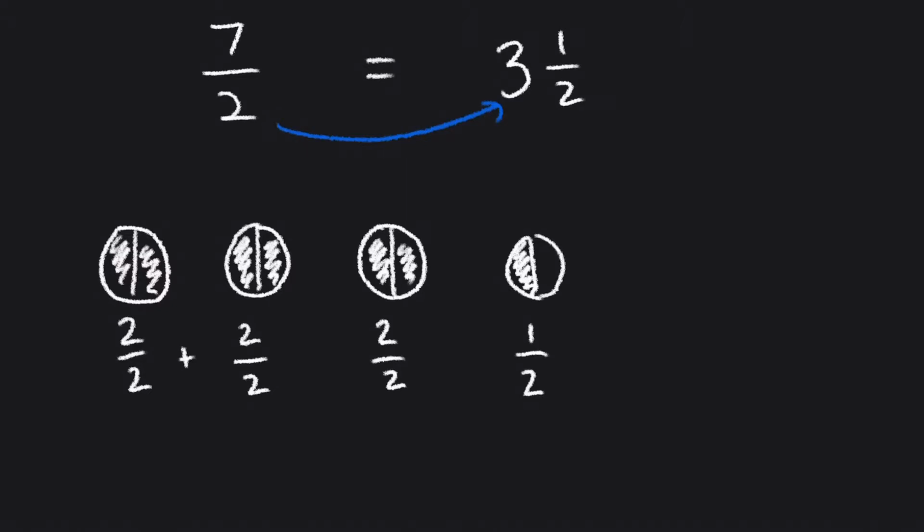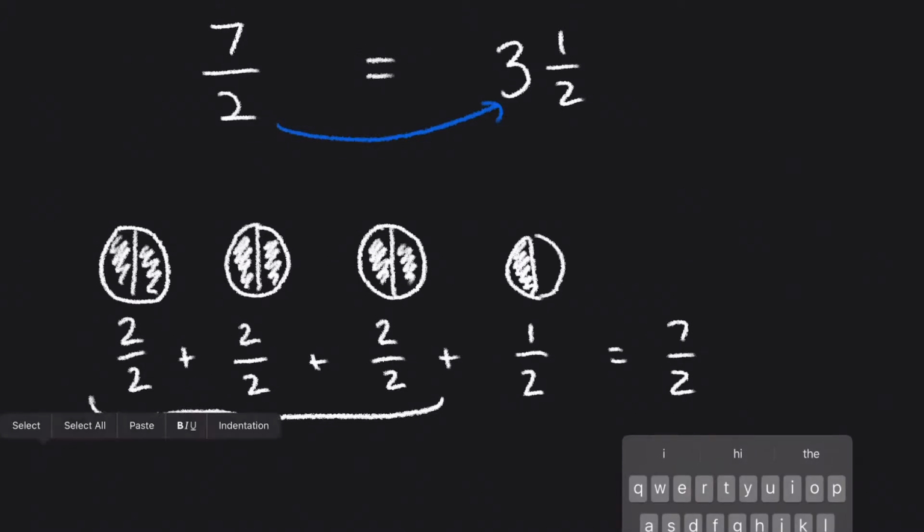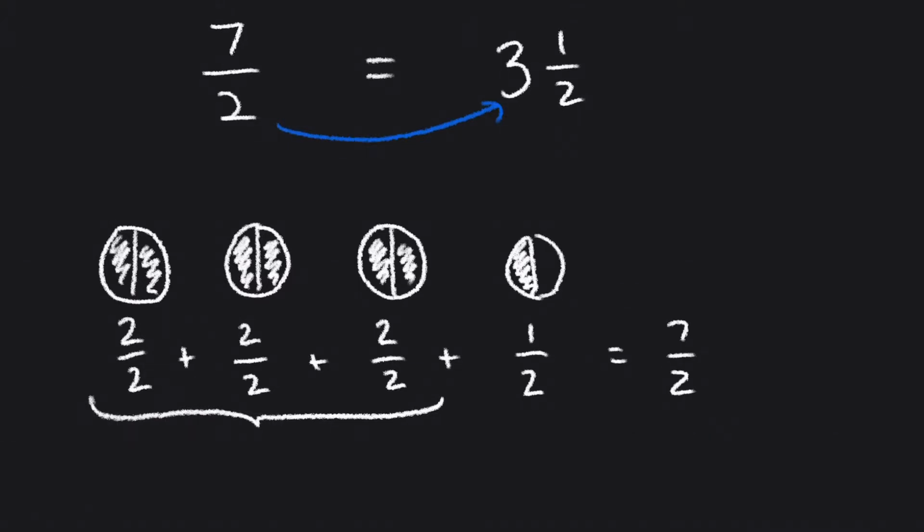If I were to add all of these together, of course, this is going to be 7/2, but another way of doing it is to look at just this one part, the wholes. I've got one whole right here, 2 wholes, and then 3 wholes.